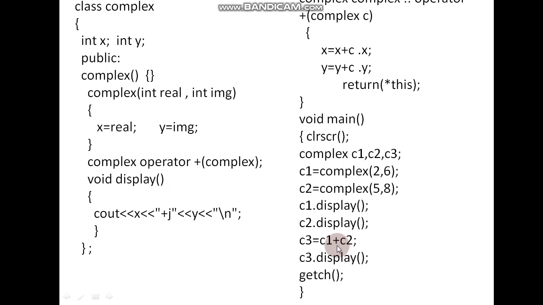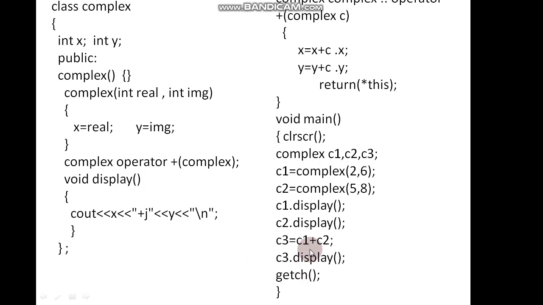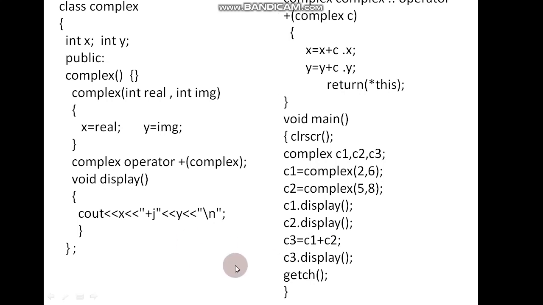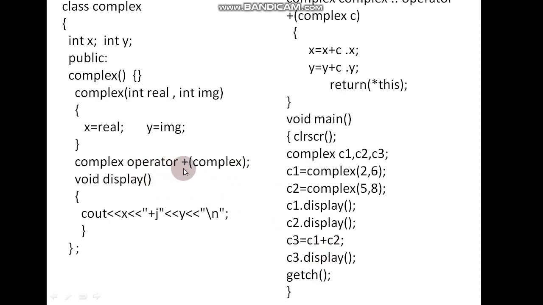If we need to provide new meaning for this plus, we need to write an operator function. Now operator function can be written as a member function or a friend function. If we write this operator function as a member function, we need to pass the second object explicitly because this function operator plus will be called by the first object C1.